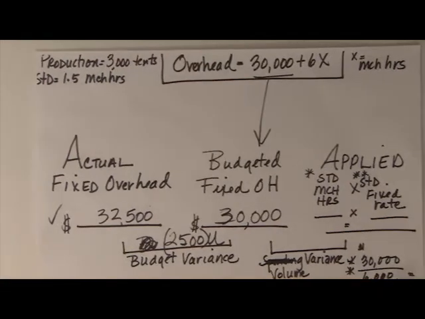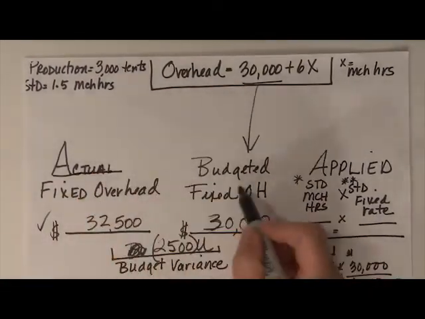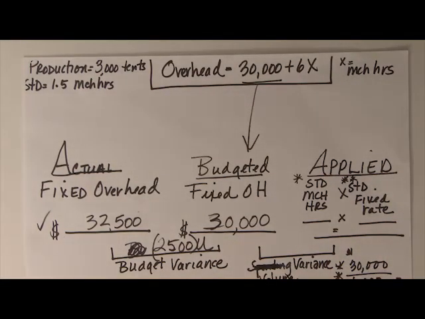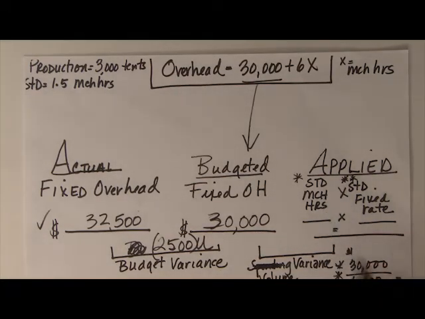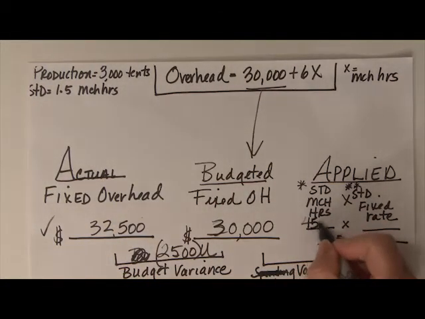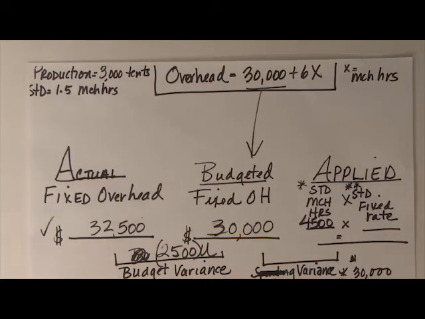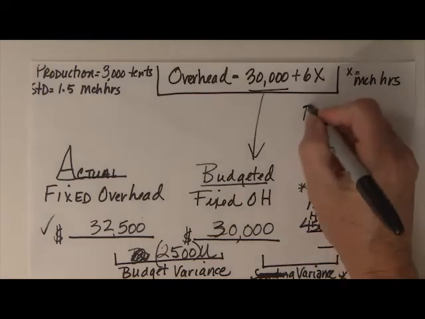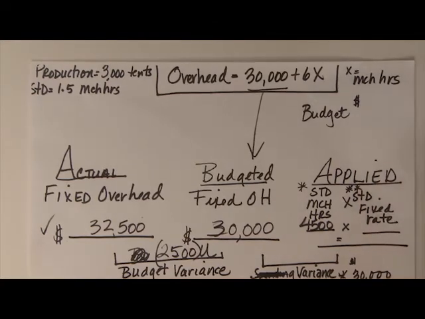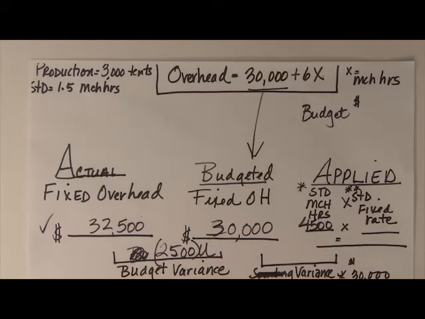Now let's go over here, and this third category, or the third column, is going to refer to what we call applied overhead. And we are familiar now with the standard machine hours. We know that 3,000 tents should take 4,500 hours to make. Now, what we do have to talk about is one other bit of information that hasn't been disclosed yet about this company, is that when they did their budget, they planned two different things in regard to fixed overhead.